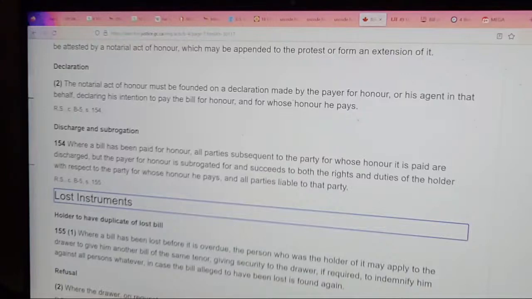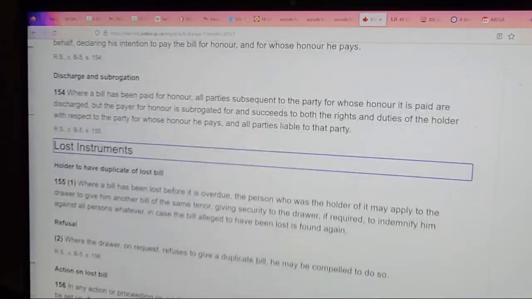Declaration. 2. The notarial act of honor must be founded on a declaration made by the payer for honor or his agent in that behalf, declaring his intention to pay the bill for honor and for whose honor he pays.